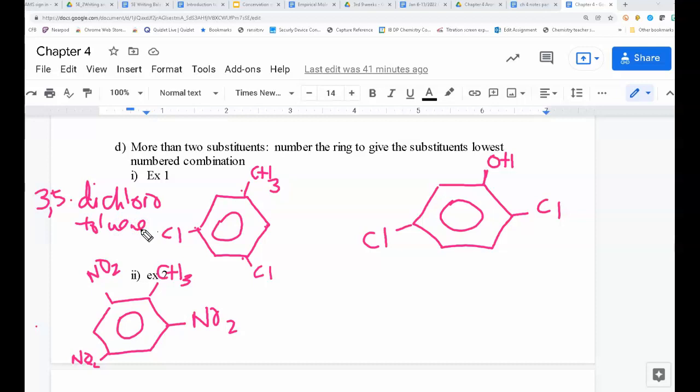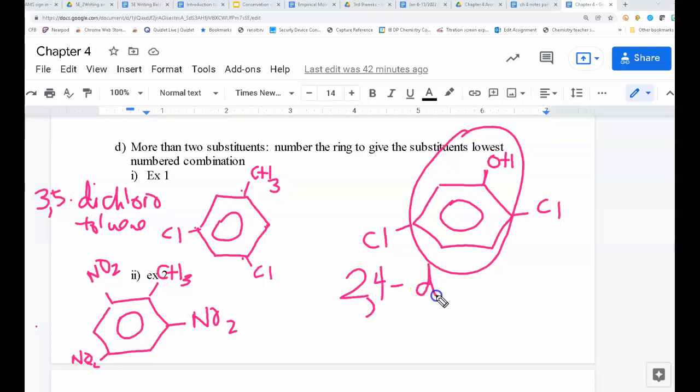Okay. And then I would go to the next one here. This part here makes a phenol. That means I have a chlorine at carbon number 2 and carbon number 4. So I have 2,4-dichloro, and then we name it phenol for the rest of the structure that it's attached to.